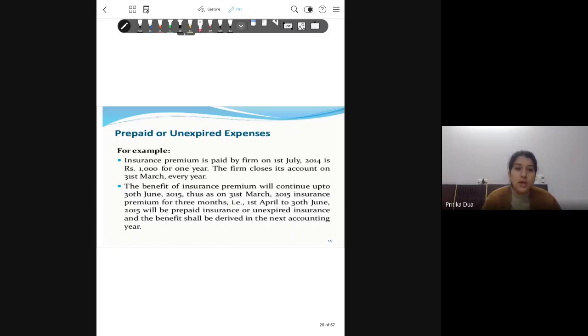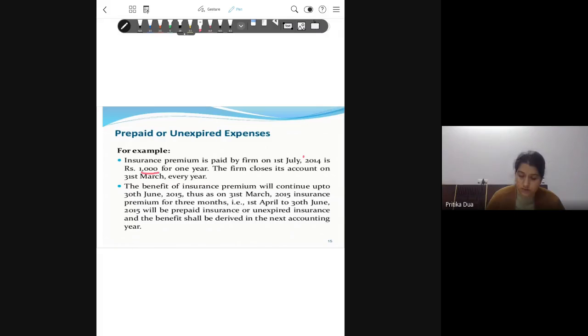Okay, so let's take an example. There is an insurance premium which is paid by the firm on 1st July 2014 for 1 year, and the amount is 1000. Okay, now 1 year means that this insurance premium is valid from 1st July 2014.